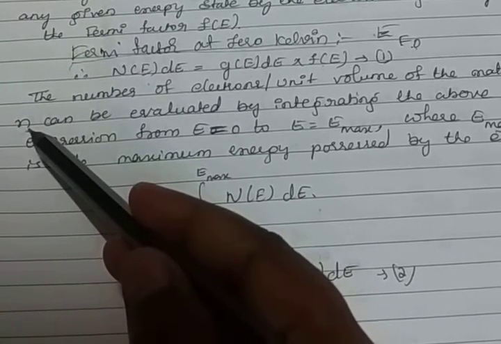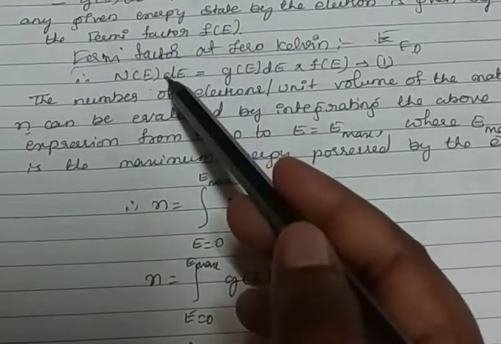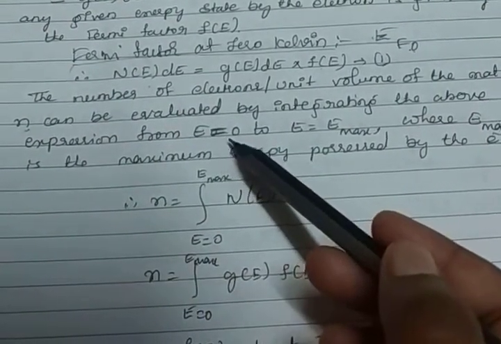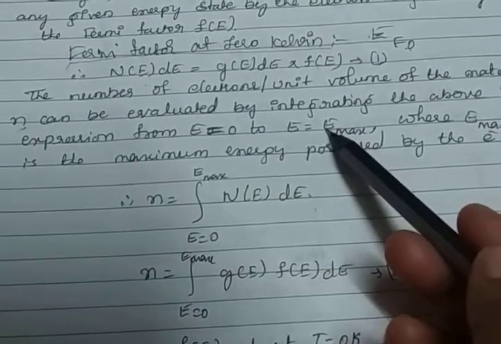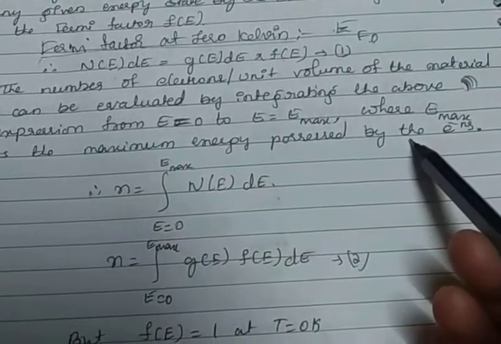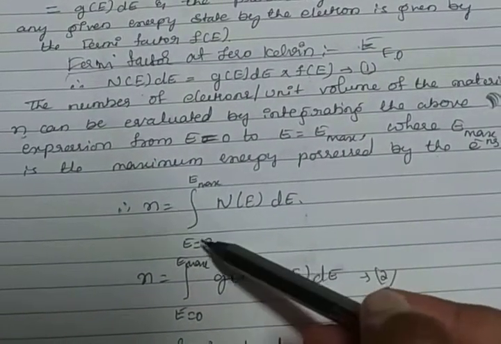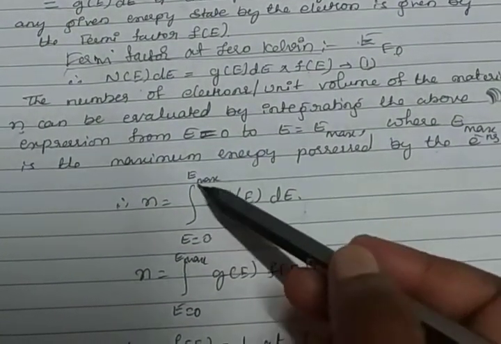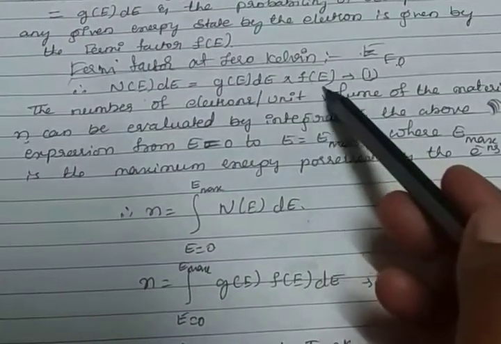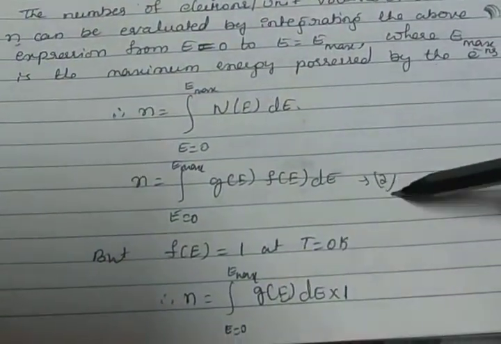We evaluate n by integrating from energy 0 to the maximum energy of the electron. So n is equal to the integral from E equals 0 to maximum energy of N of E dE. Put the N of E from equation 1 here, and call it equation 2.